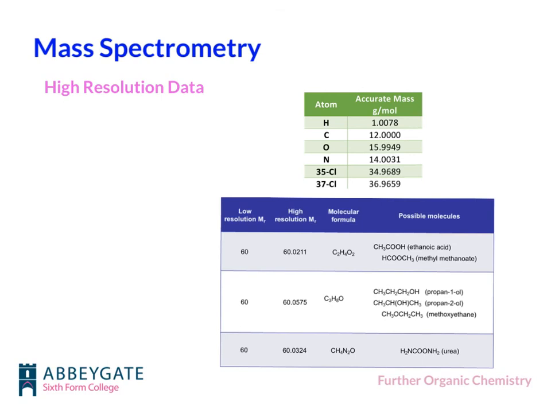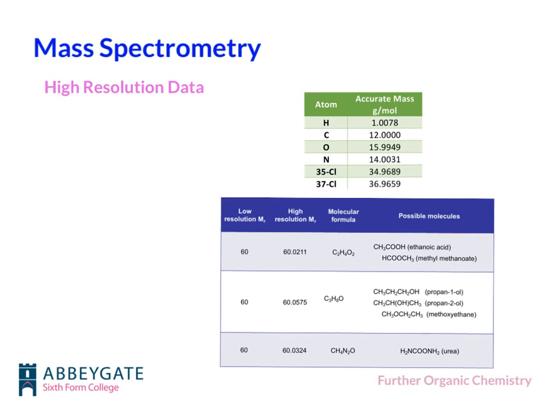So if we had a high resolution MR of 60.0211, then that would equate to it being 2 carbons, 2 oxygens and 4 hydrogens. Whereas if the mass comes out as 60.0575, then that would be an alcohol or an ether, so it's going to have 3 carbons and only 1 oxygen.